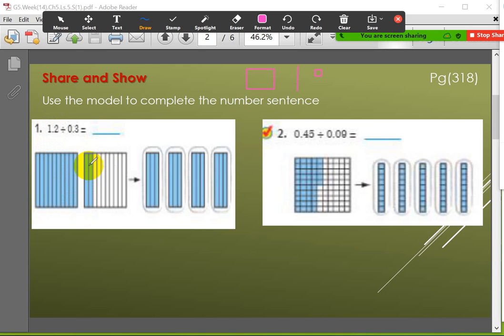This is the first one and this is the second one. So the blue shade here represents 1.2 in the model, on the base 10 blocks.